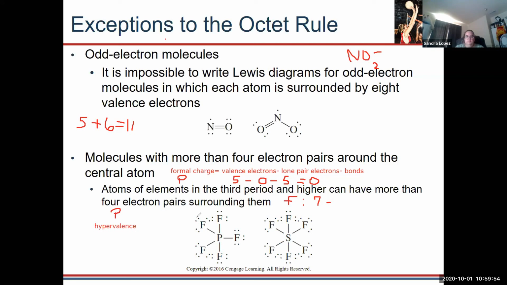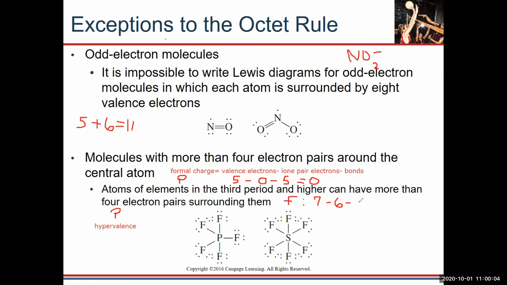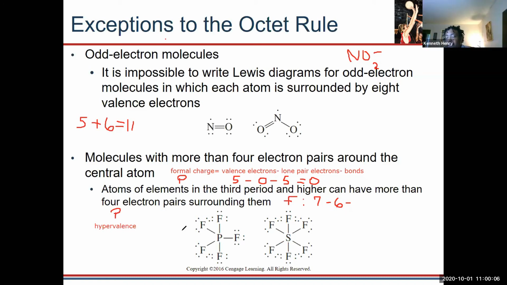It would be 6 because you want to count each of the lone pair electrons. So it's 6. And number of bonds? 1. You're talking about just a single phosphorus. Okay. So that's going to equal 7 minus 6 minus 1? 0. Okay, so that tells me that this guy is perfect. That's the way it wants to be.